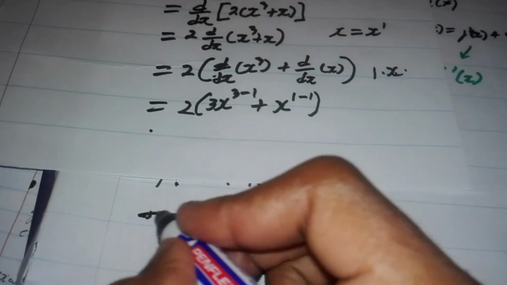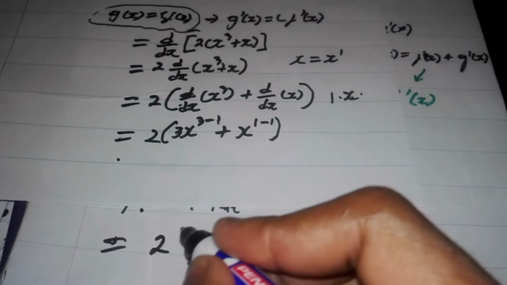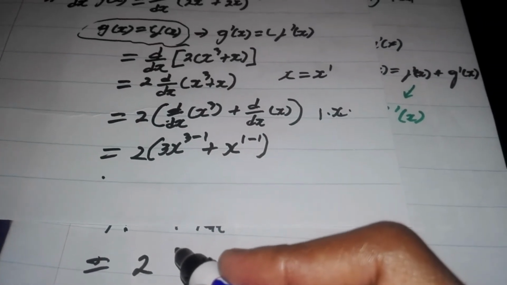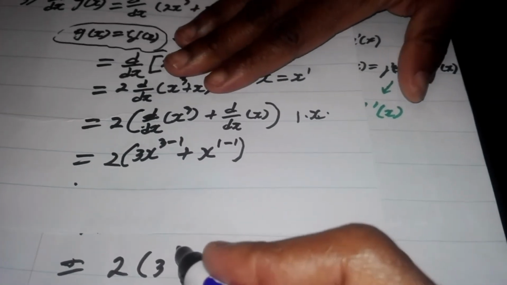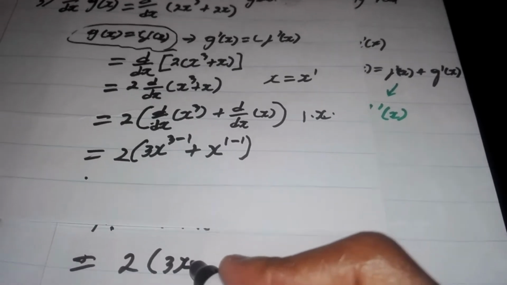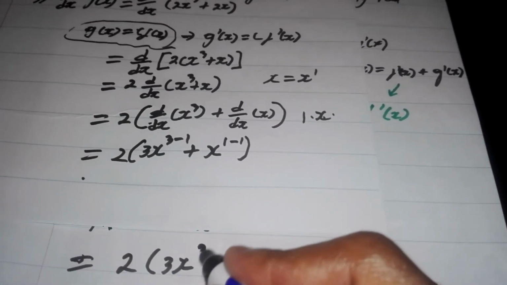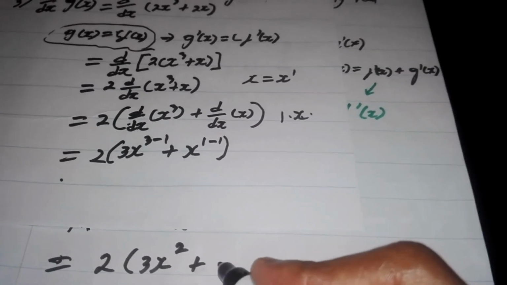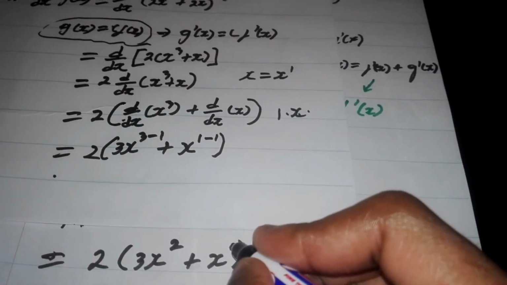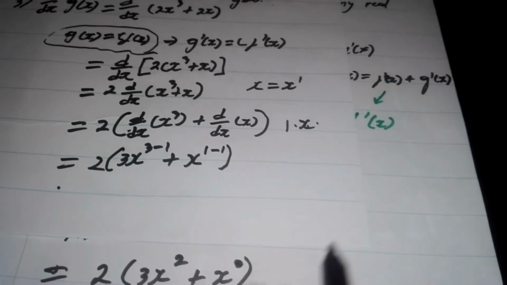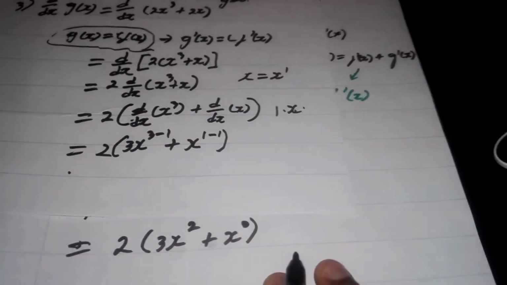This is the same as 2 times 3x squared plus x to the power 0.